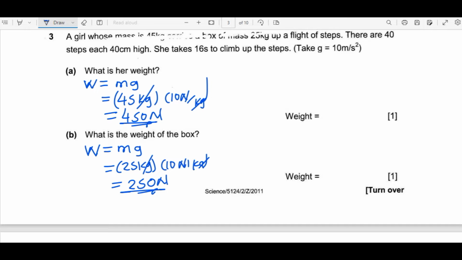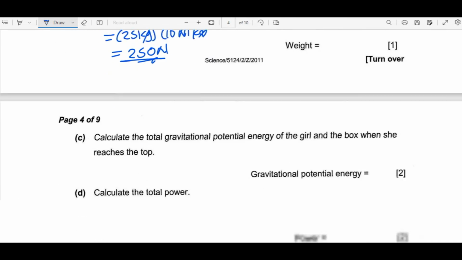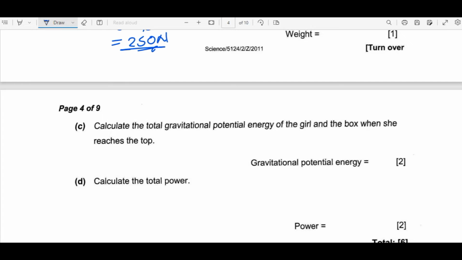Okay, let's check for question C. Calculate the total gravitational potential energy of the girl and the box when she reaches the top. So potential energy is equal to mass times gravity times height. So the mass is given.